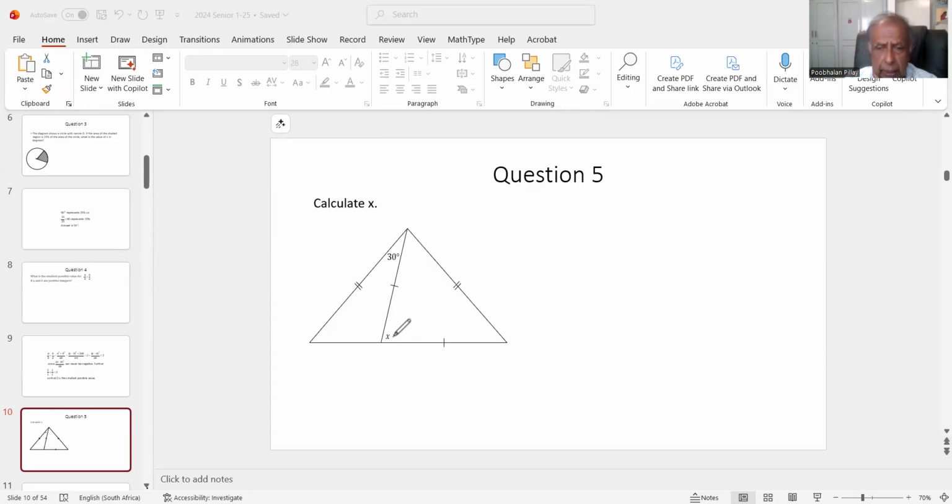Now, here you've got an angle x, but it's also given that these two are equal. So you've got an isosceles triangle here, kind of sleeping. We don't know what x is, but let's call this angle y. The reason why I call it y is because these two are equal here.